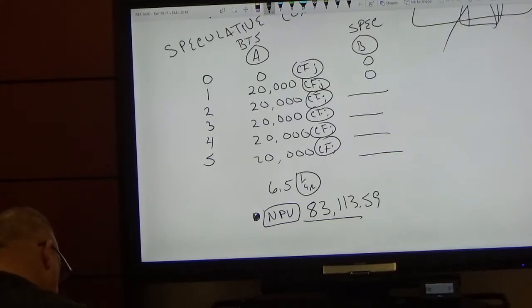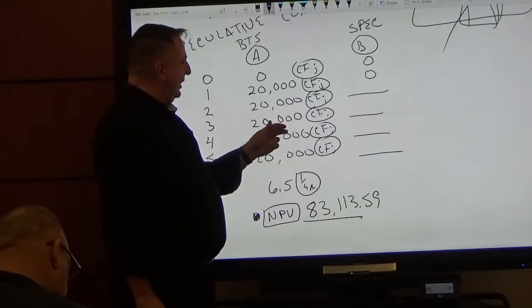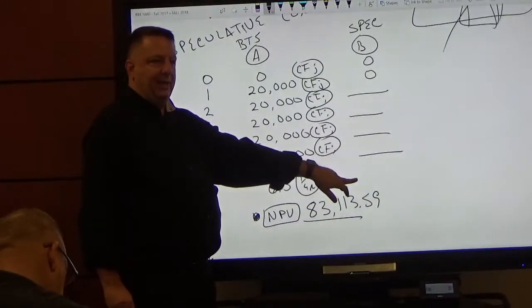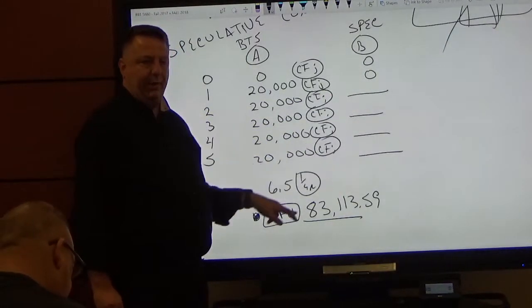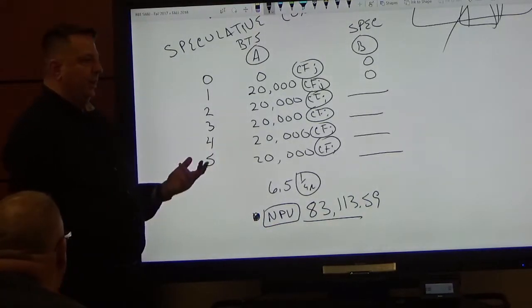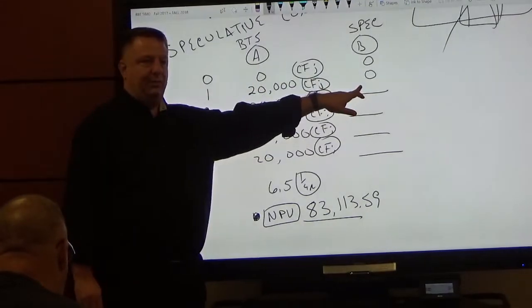So now we've got to wonder over here. We can look at this a couple of different ways. We can say, how much more would we have to charge these guys in order to get the same thing here? Or we could look at it as, how much of a discount might we give these guys relative to these guys?